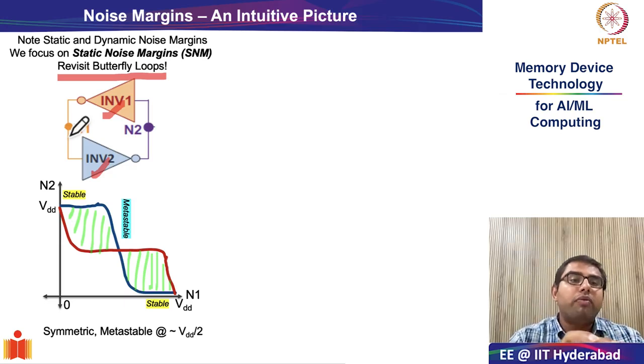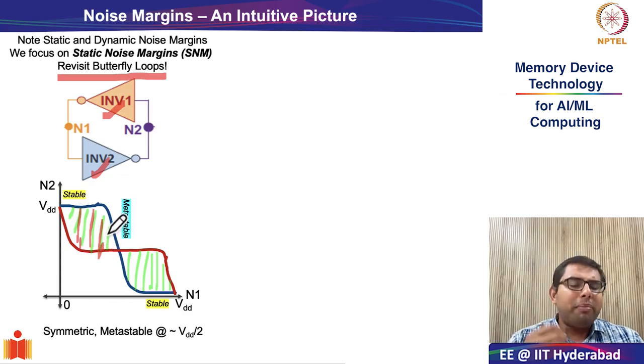So in this very simple example, we saw that all of the restorative feedback or the positive regenerative feedback was occurring because of the area under this hysteretic curve.